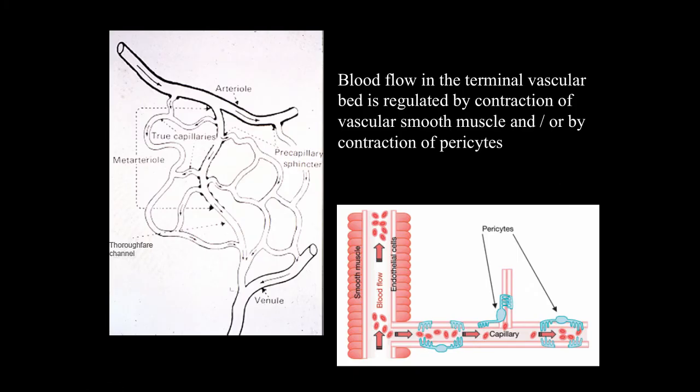So blood flow in the terminal vascular bed is regulated by contraction of vascular smooth muscle and/or by contraction of the pericytes, because pericytes also have contractile ability. And remember that the endothelial cells can secrete substances that cause vasoconstriction or vasodilation of the small blood vessels.